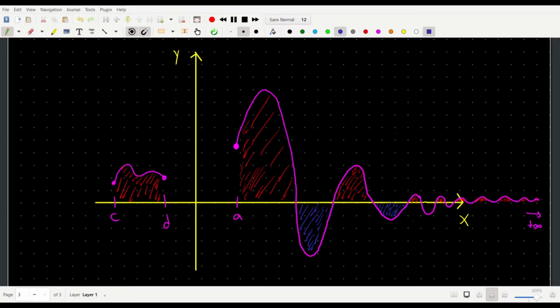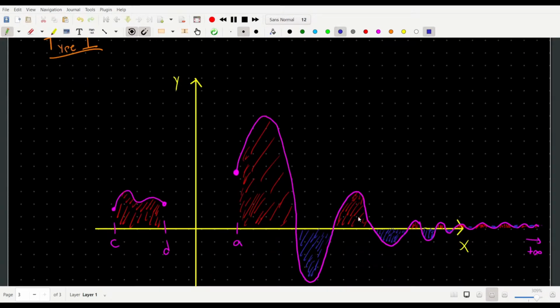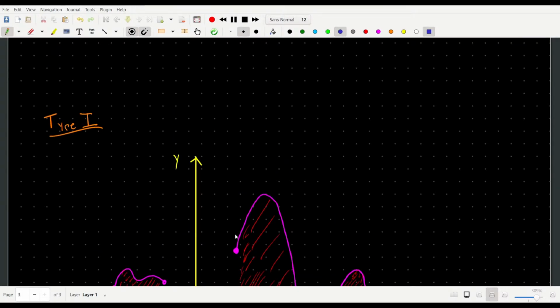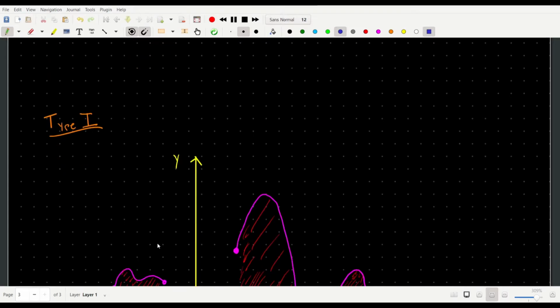It also goes below the x-axis at many given points on this infinite interval. You might want to consider the total limit of the oscillations as the time goes to infinity, if the x-axis is representing time, for instance. But this is one of the types of improper integral of type 1. And we're going to try and make sense of these in this lecture today.